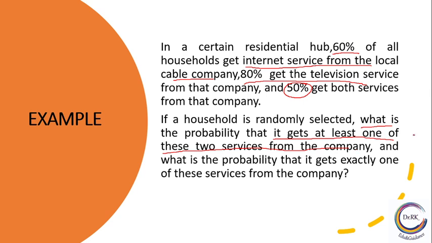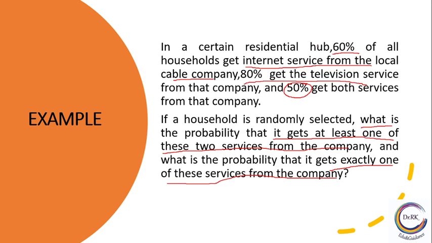The other question is, what is the probability that it gets exactly one of these services? So how to do it? Here, if we see, it contains two events: one is getting internet service, the other is getting television service.